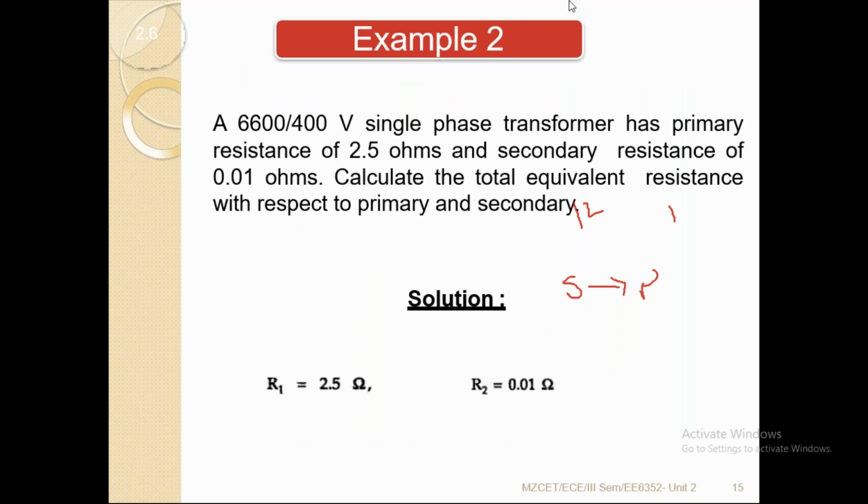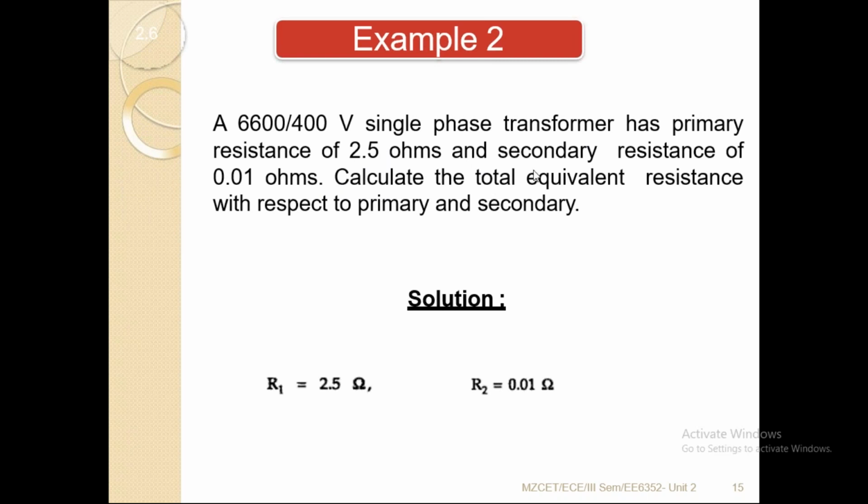Now we will see one problem based on the equivalent circuit parameters. A 6600 by 400 volt single phase transformer has a primary resistance of 2.5 ohm and a secondary resistance of 0.01 ohm.